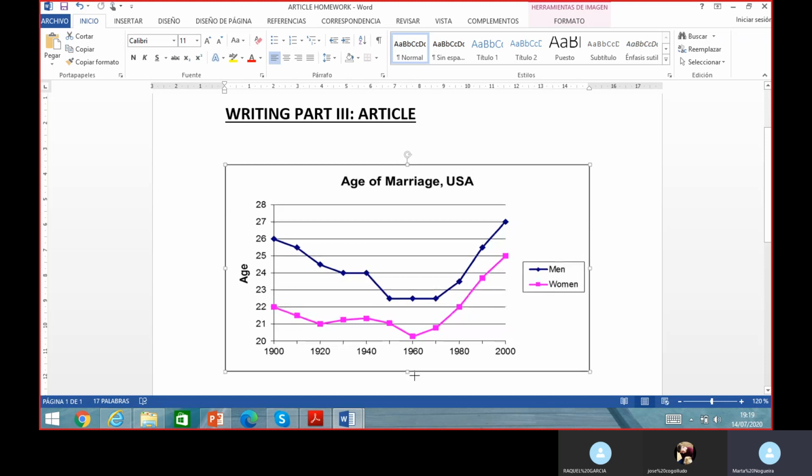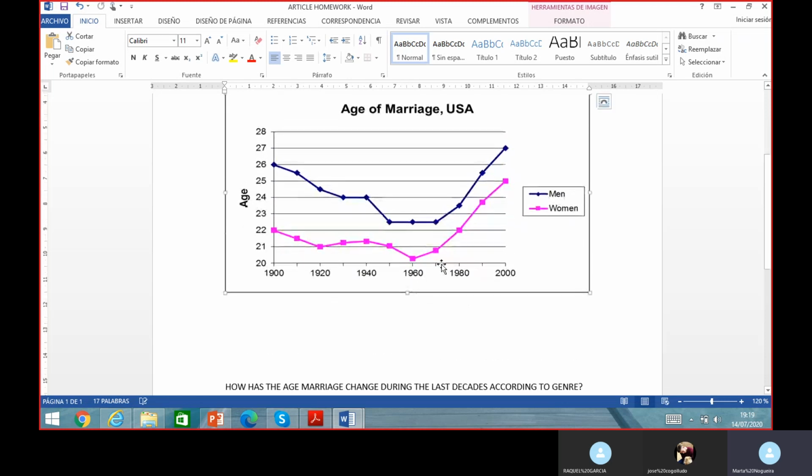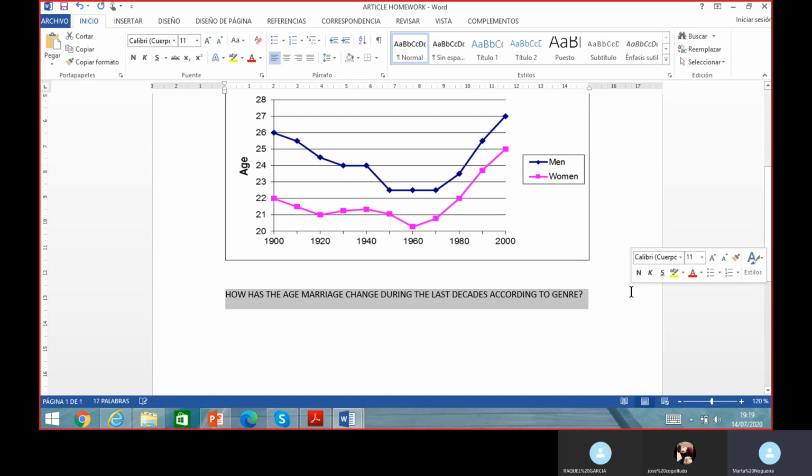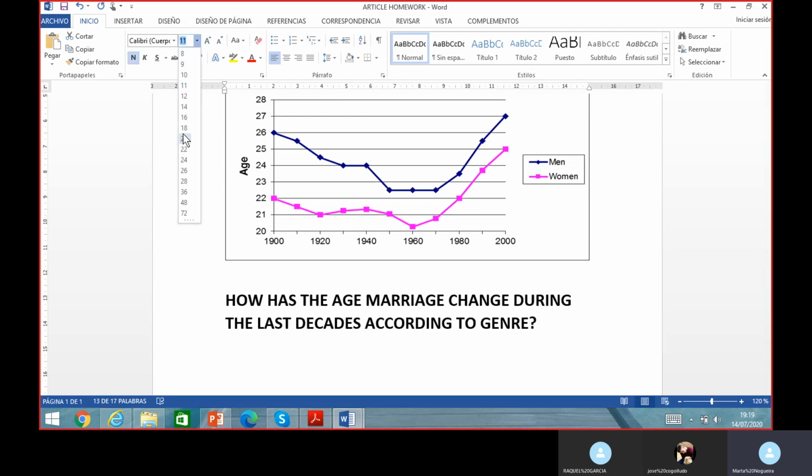You can have, for example, in here, you can have like the age of the people. This is the age of marriage in USA, men and women, and the different decades. So in the article, we said that you are going to have something like this, some data, and you are going to have a question.